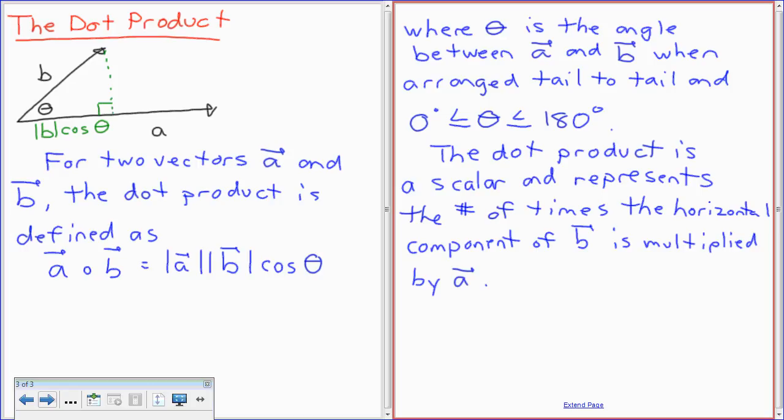And we're going to do this with Cartesian vectors and with regular vectors.